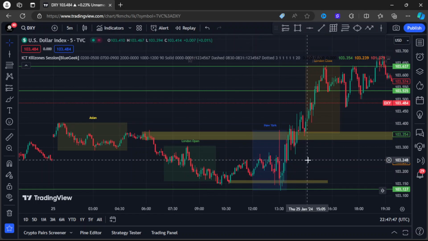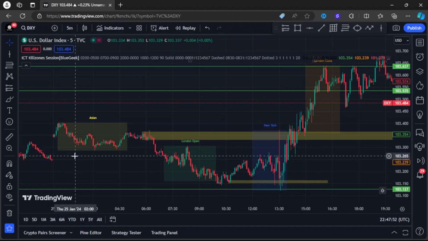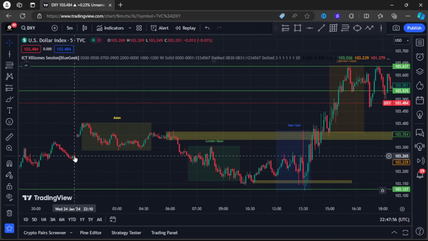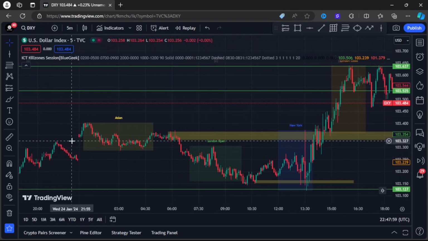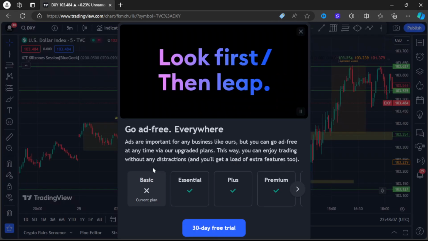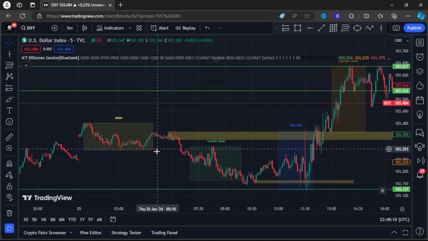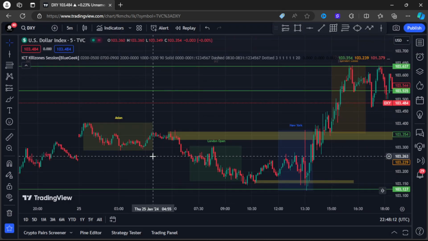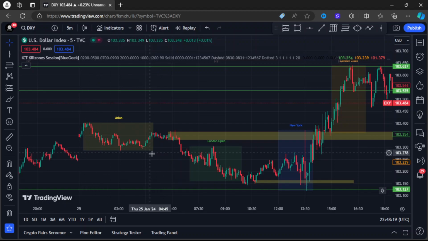Now the trick here is that the Asian session is mostly the consolidation stage, which begins from 1 o'clock a.m. GMT to 5 o'clock a.m. GMT.